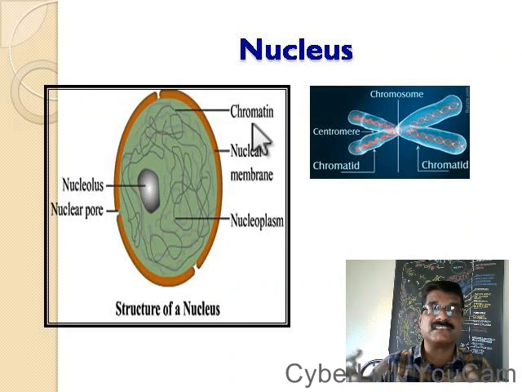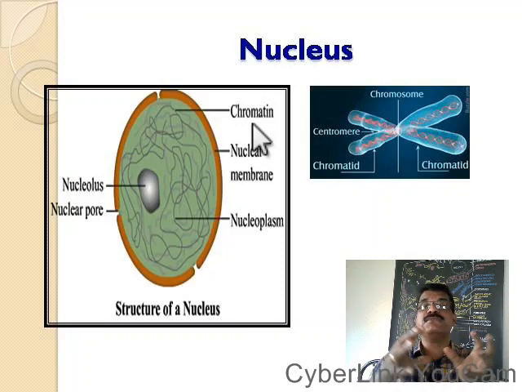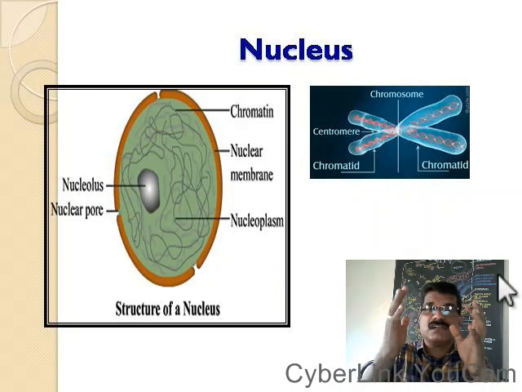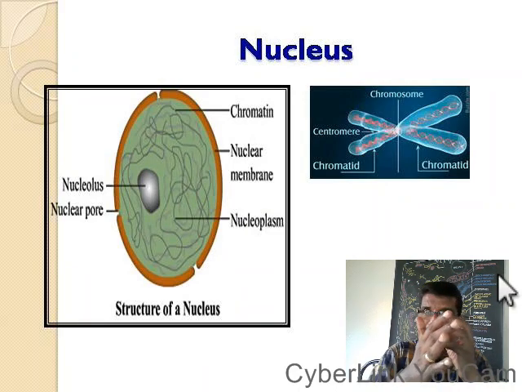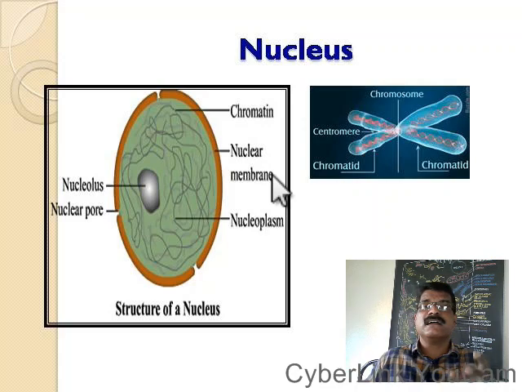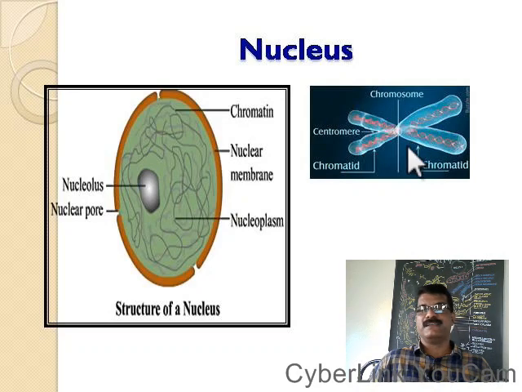But at the time of cell division, when the cells start to divide, the chromatin condenses. That chromatin condenses to form the chromosomes. These are the chromosomes. Chromosomes are condensed chromatin reticulum.